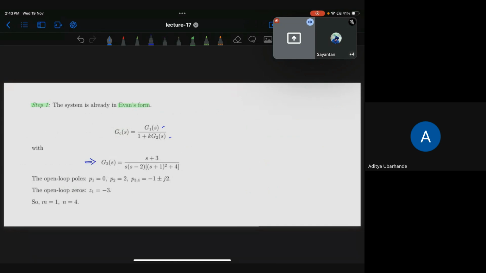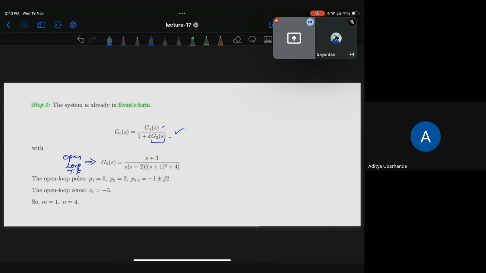We are looking for G2(s), which is nothing but the open loop transfer function. So given the closed loop transfer function, first we have to keep it in the Evans form. Then we consider this particular G2(s) expression, which is the open loop transfer function.